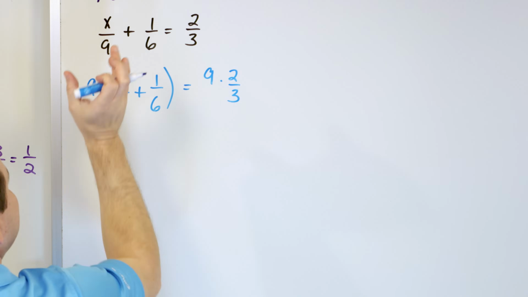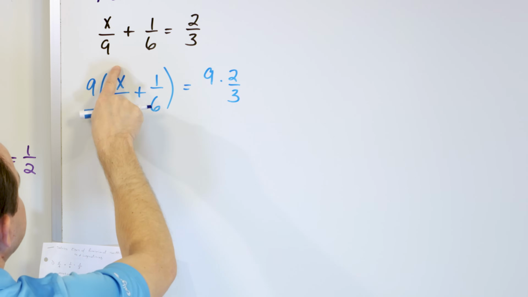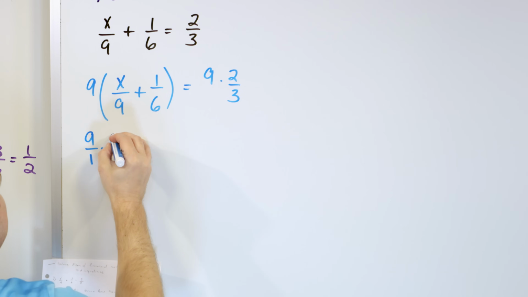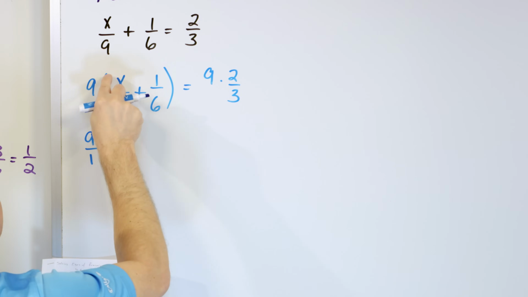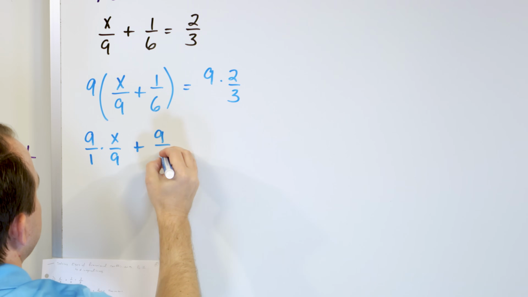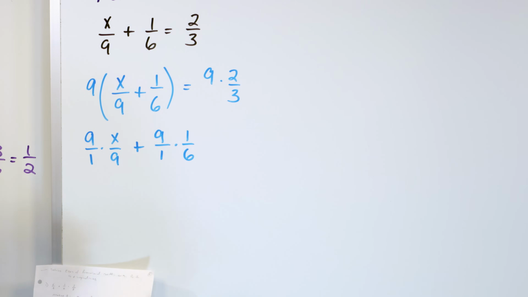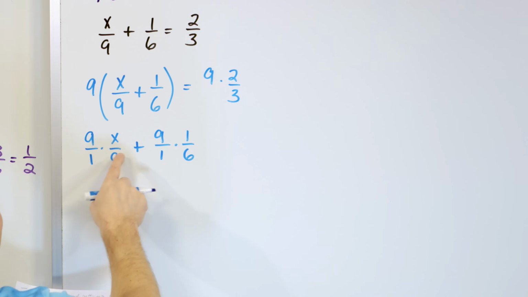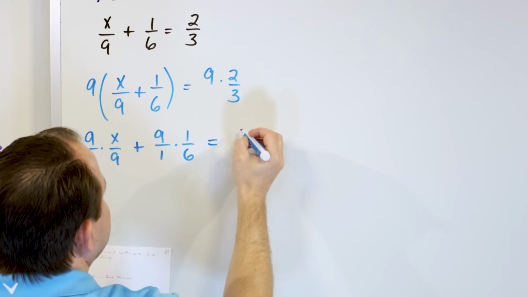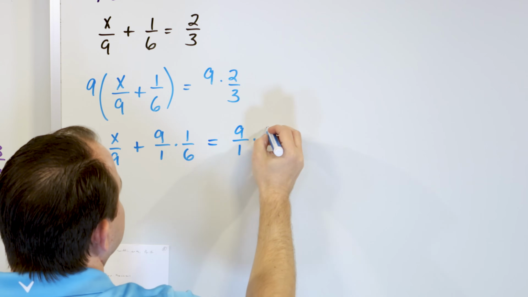So because we're multiplying the entire left by 9, we need to distribute this 9 to both terms in here. So what you end up with is I'm going to write it as 9 over 1 times x over 9. That's multiplying times the first thing, plus 9 times the 1/6. I'm going to write it as 9 over 1 times 1/6. Writing it as 9 over 1 is not necessary, but it kind of helps me visualize what I'm doing. And on the right-hand side, of course, you have the 9 over 1 times 2/3.